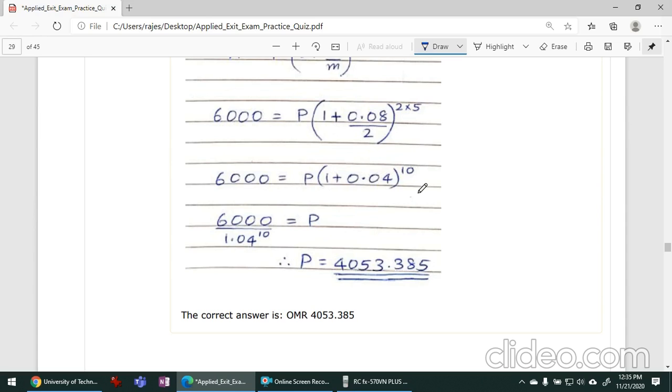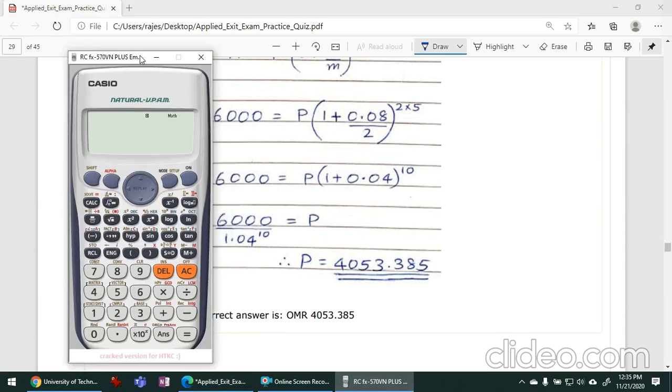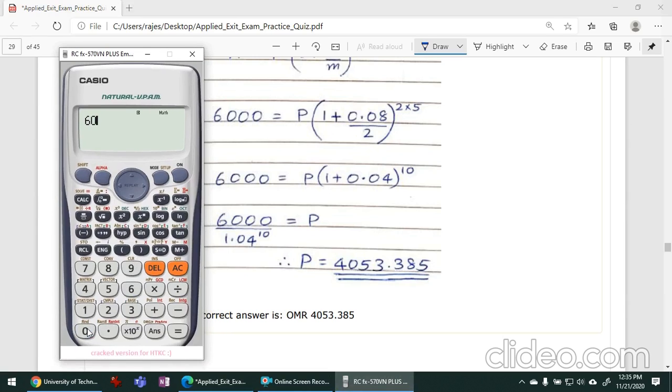So this whole thing will come down: 6000 by 1.04 power 10. So how will you find 6000 divided by 1.04 power 10? Answer is 4053.385.